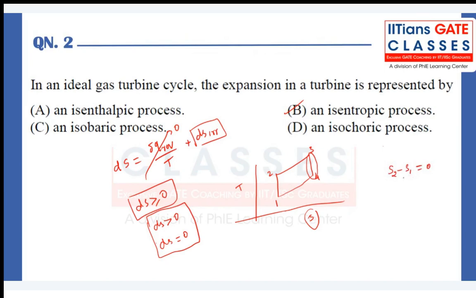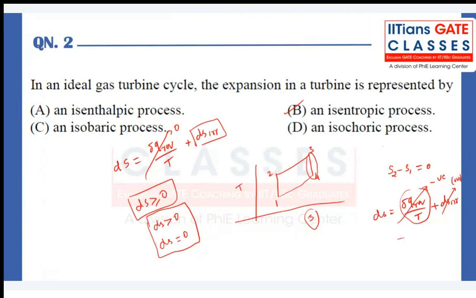How can that happen? Because ds is equal to delta Q reversible divided by T plus ds irreversible. Say I have a process in which the first part is negative, and the irreversible part is always going to be positive. That is the law of thermodynamics; I cannot say anything on this. It's an irreversible process, and once it is done, the entropy is always going to increase. So the net sum of these two can still be 0.